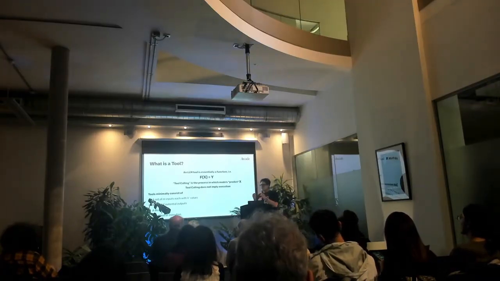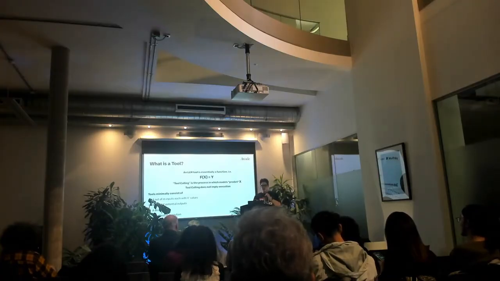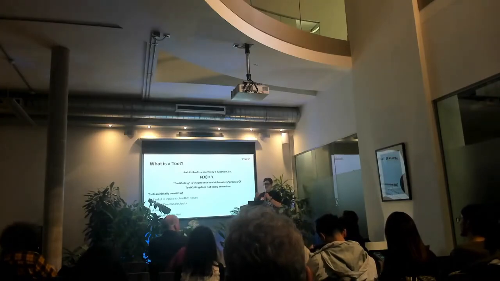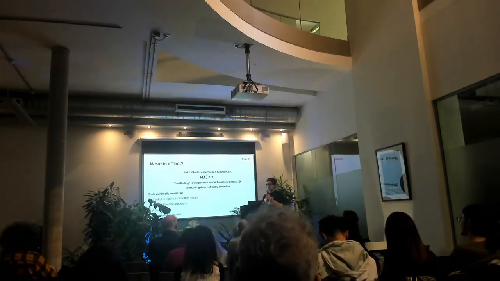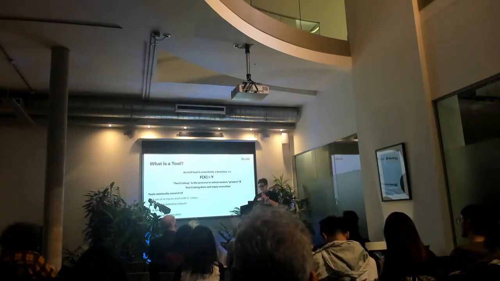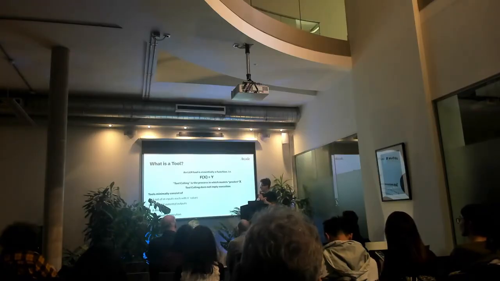Tools minimally consist of a set of inputs. So, in ChatGPT, that would be the text window, and whatever else ChatGPT has access to, all of your history of chats, anything that's being stored in the great memory allocation that OpenAI has added to their ChatGPT.